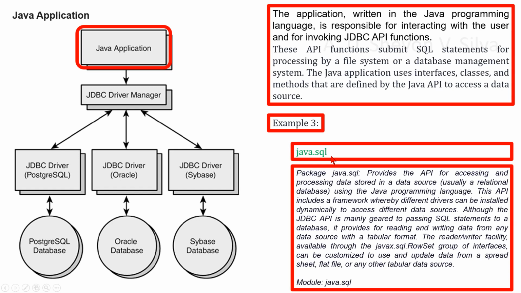Next point is custom mapping of an SQL user-defined type, UDT, to a class in the Java programming language: SQLData interface, SQLInput interface, and SQLOutput interface. Next point is metadata: DatabaseMetaData interface, ResultSetMetaData interface, and ParameterMetaData interface. The last point is exceptions: SQLException, SQLWarning, and BatchUpdateException.